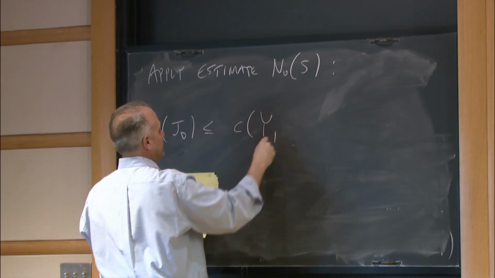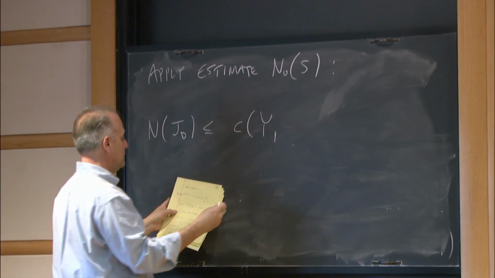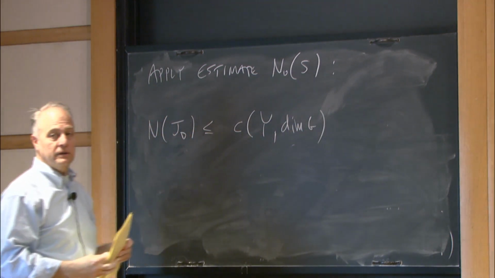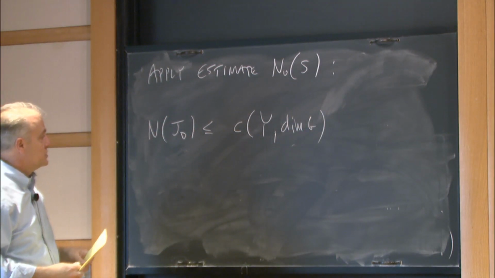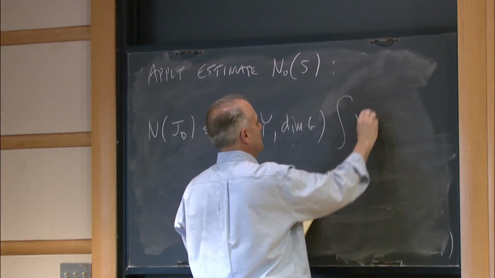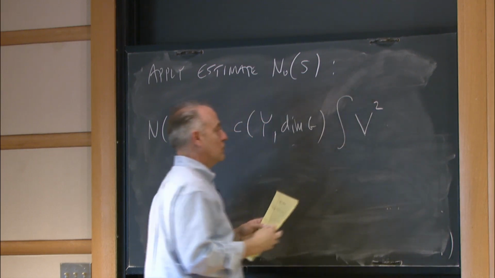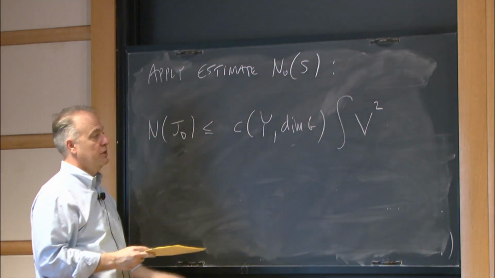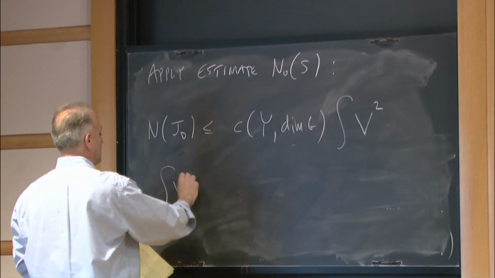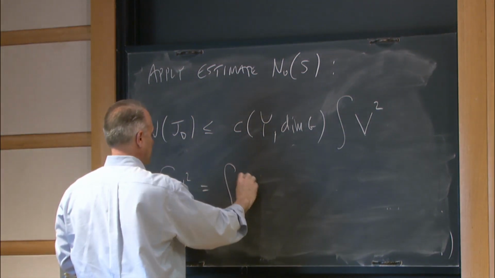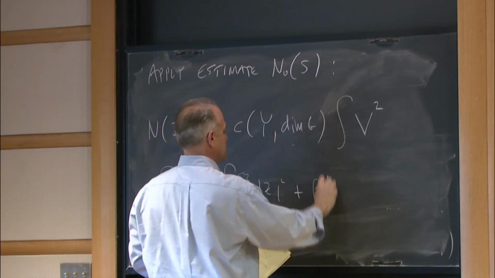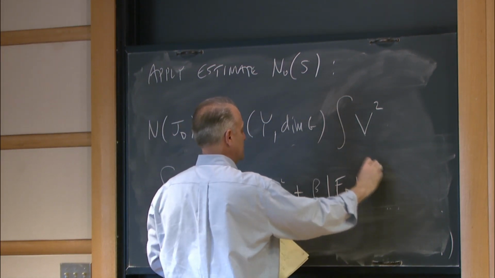So I won't write out the constant, all the dependence I did a couple minutes ago, but to remind you, it depended basically on the Yamabe invariant and the dimension of the structure group of the bundle. And then times the L2 norm squared of V, where V squared is 3/4 Z squared plus this constant that I'm suppressing times this.